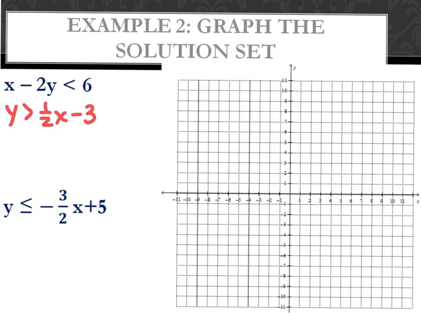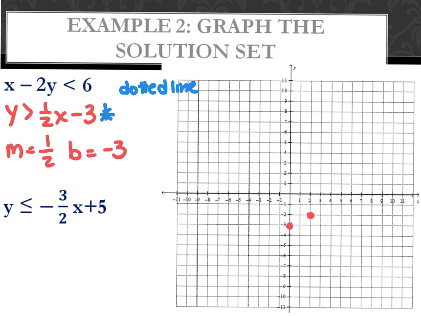Now that y is by itself, I can graph. So my slope is 1/2, and your y-intercept is negative 3. So I can plot my point at negative 3, go up 1 and over 2. Now since the inequality symbol in the one that we're graphing is greater than, it is going to be a dotted line or a dashed line.